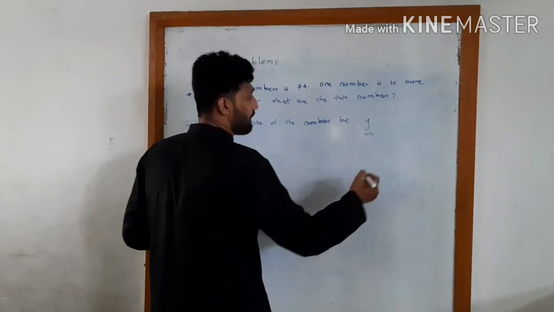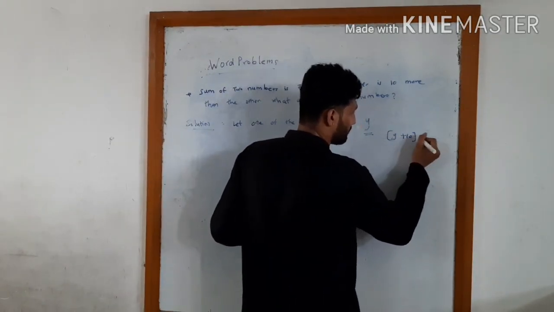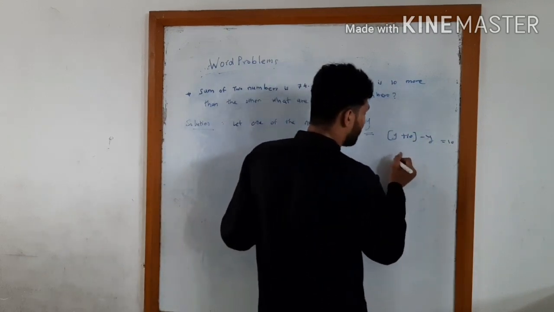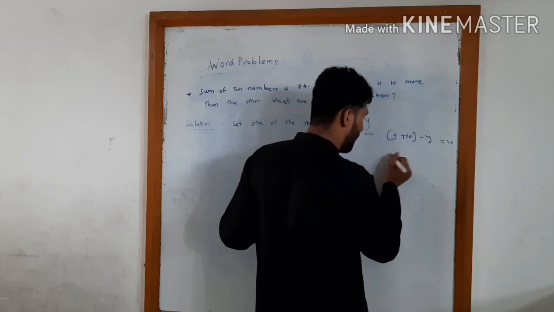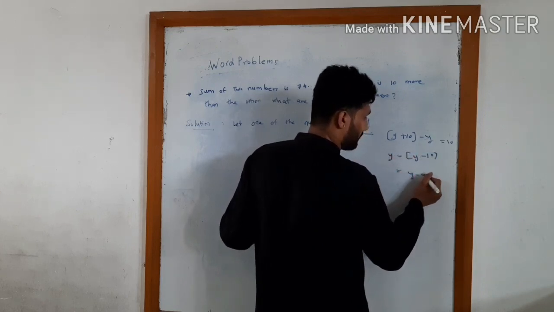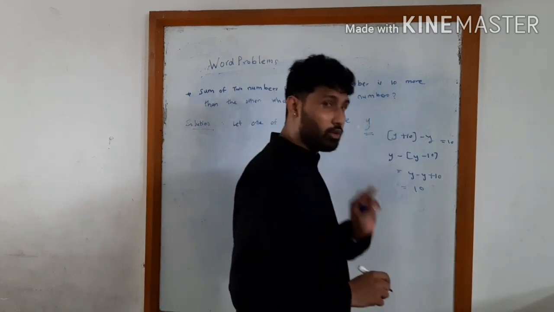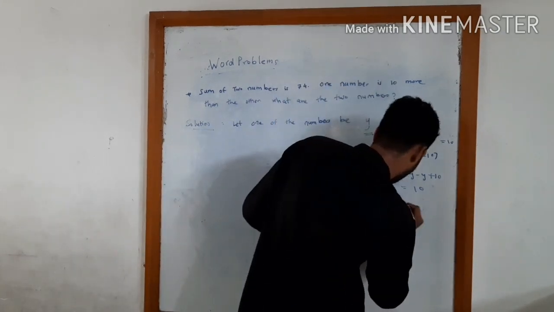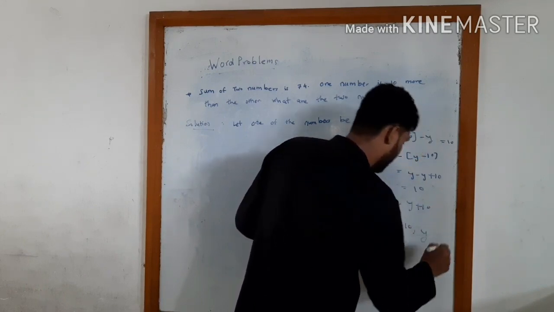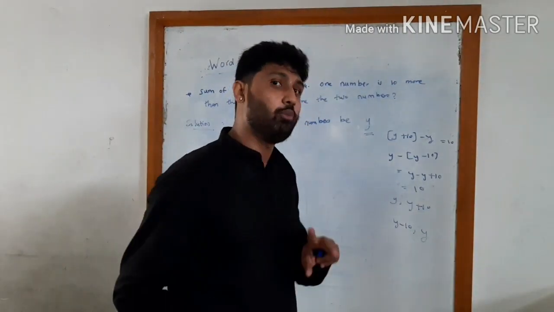Suppose I take y plus 10 and I subtract y, I get 10, right? If I take the other number as y minus 10, then y minus (y minus 10) equals 10. So you can take the two numbers as y and y plus 10 or y minus 10 and y. You will get the same answer. We will do by both the methods.